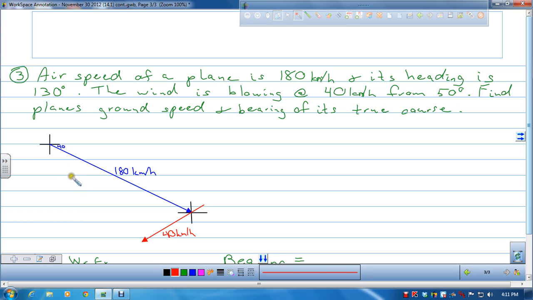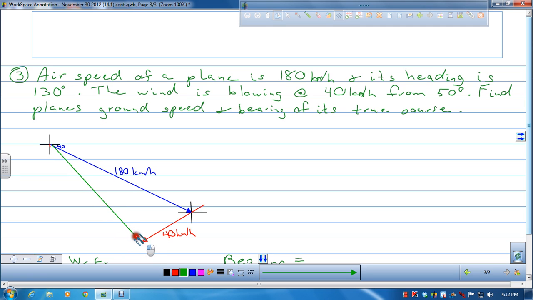So essentially, if the plane starts out heading here and that wind forces it to end up here, that means its ground path from a straight ground path would be this.